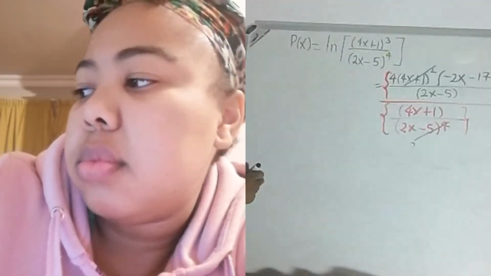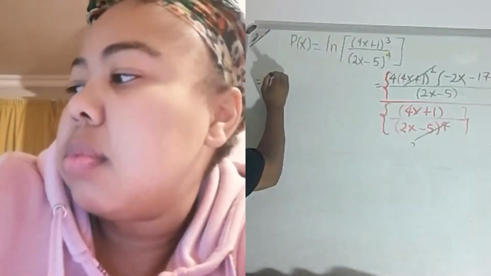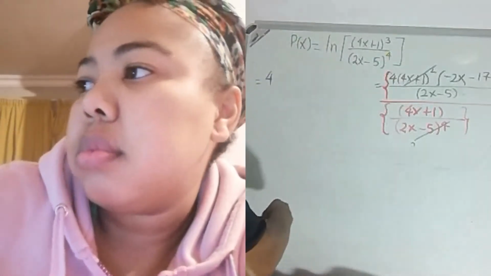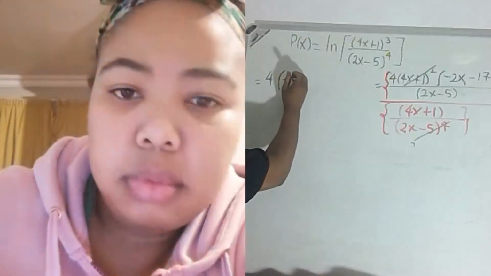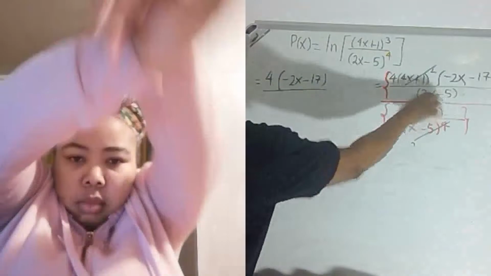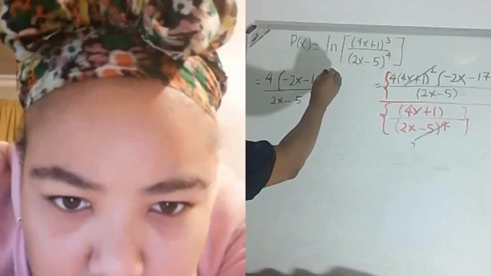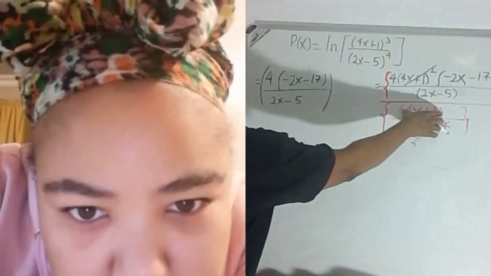So what we have right now is on top 4, bracket, negative 2x minus 17 over 2x minus 5 minus 5. But this top is over there.